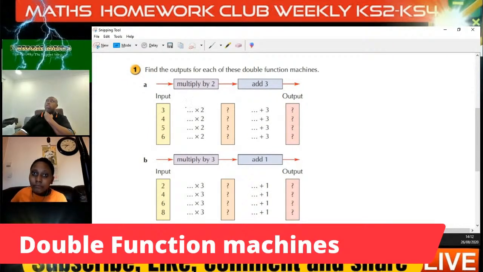So 3 times 2 is 6. Then 6 add 3 is 9. So can I give you a couple of minutes to do that for me? And then we're going to go through that together, yes? And that's the end of the lesson. So I'll give you 5 minutes.